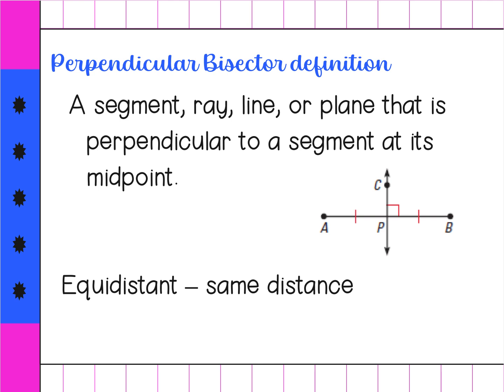So if I'm looking at this and I were to write it as a statement, it would be written as CP is the perpendicular bisector of AB. This is how it'll be written as a statement, okay?